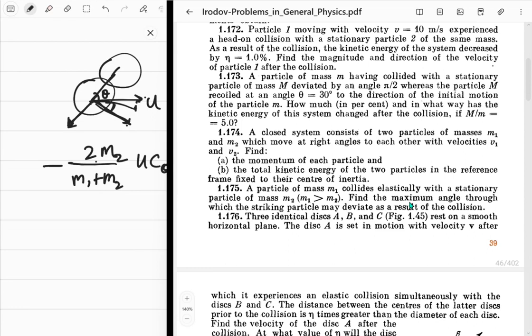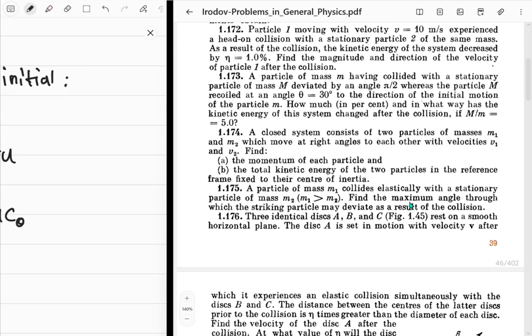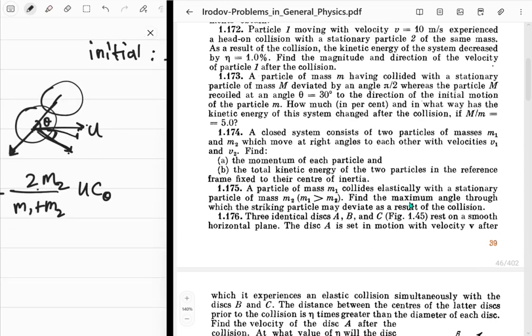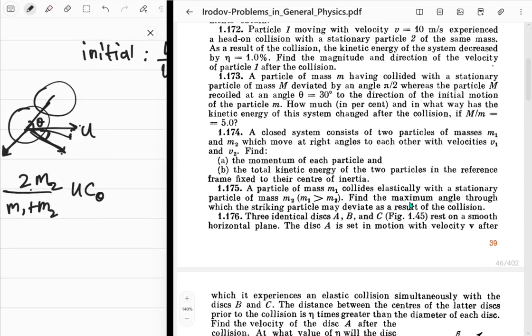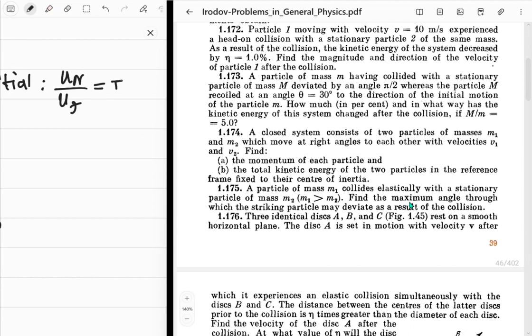Initially it was just 90 minus theta, so initially u normal upon u tangential is equal to pi by 2 minus theta.